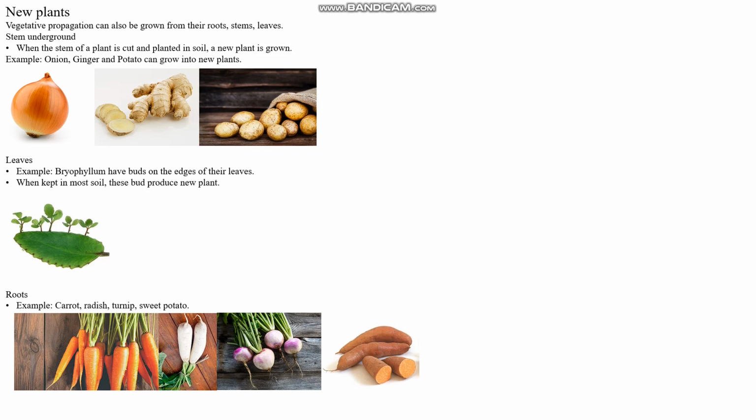And when these leaves are kept in moist soil, these buds produce a new plant. Next, roots. Carrot, radish, turnip and sweet potato are roots, and when they are planted in the soil, they grow into a new plant.